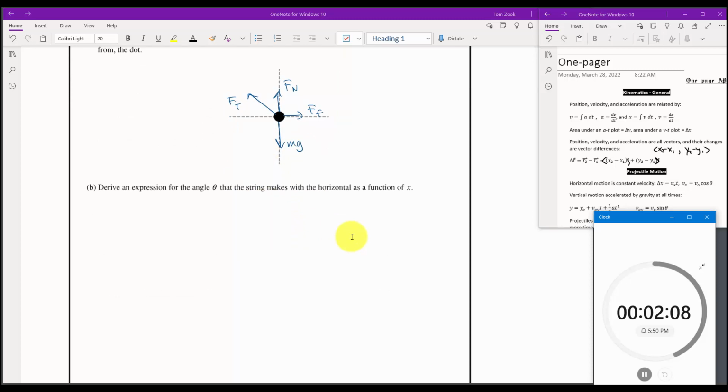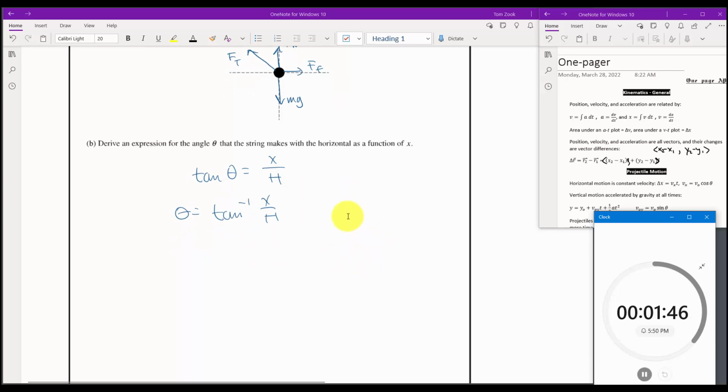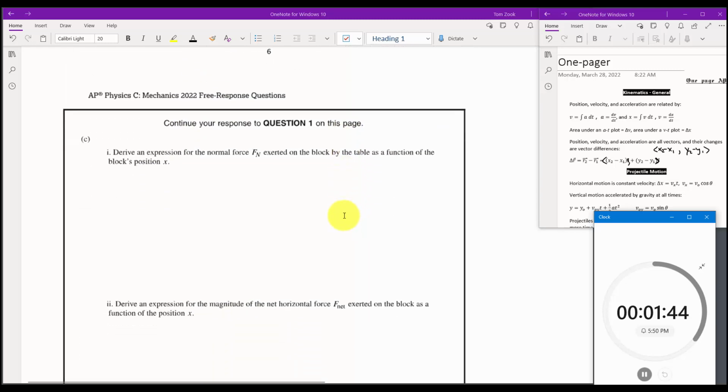So we can say that tangent of theta, opposite over adjacent, right? So that would be x over h. And then arctan. Shouldn't be solving this. Should just be setting things up, but I think that's all that we can get for that. Let's see here, part C.